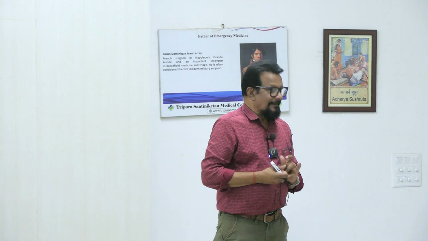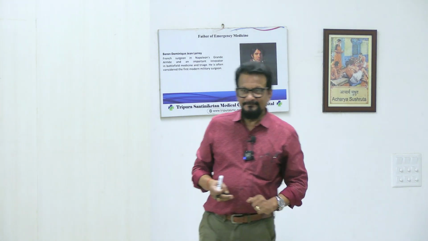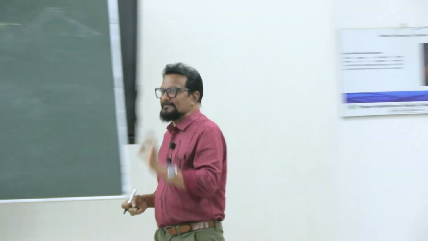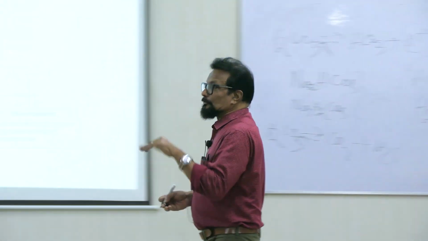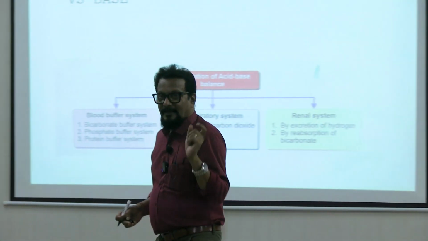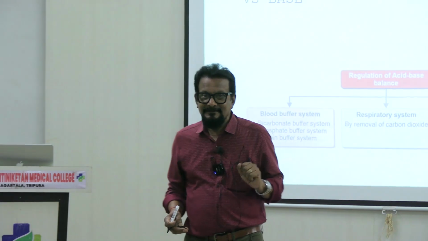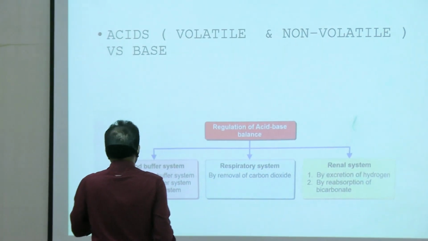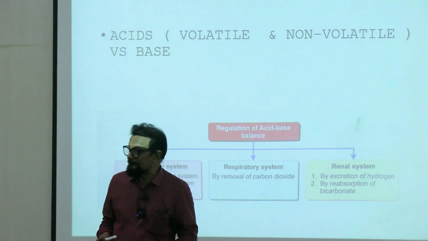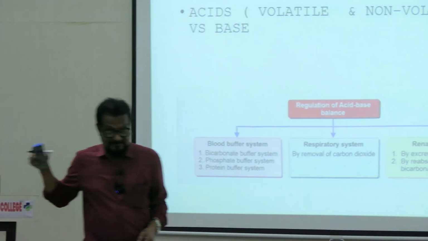Also, phosphates are present in glomerular filtrate. We'll see they also take part in acid-base regulation. Another buffer is there. Let's see how the phosphate buffer acts.